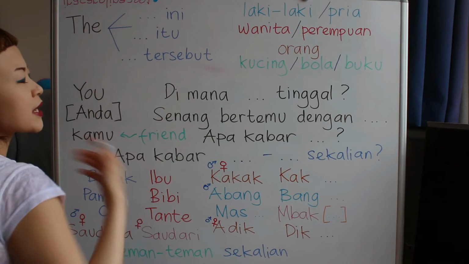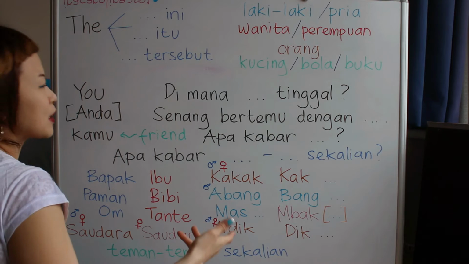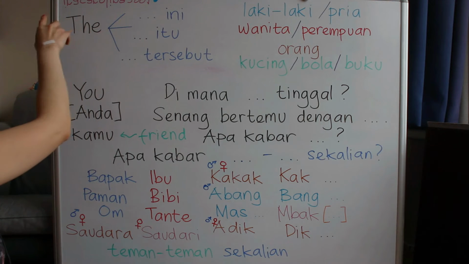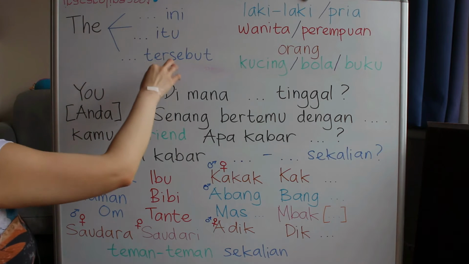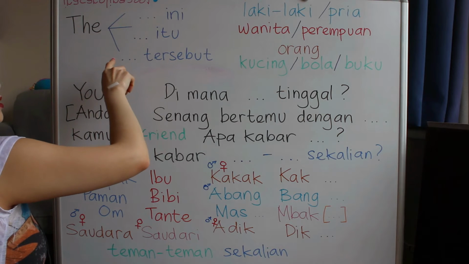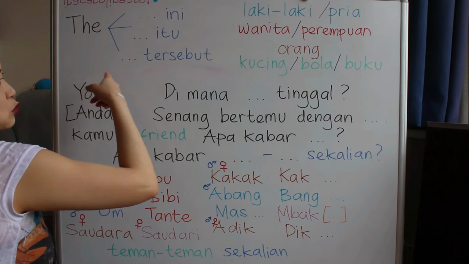And sebut has been said or has been told or talked about before. That's why we use "the" with this formation. You can use it with ini or itu, or if you want to make it really formal, tersebut.